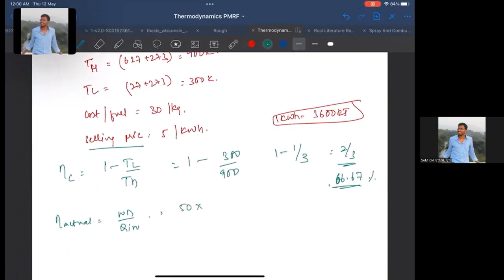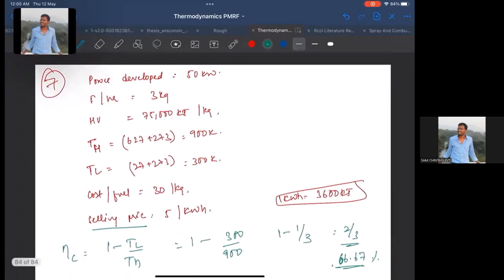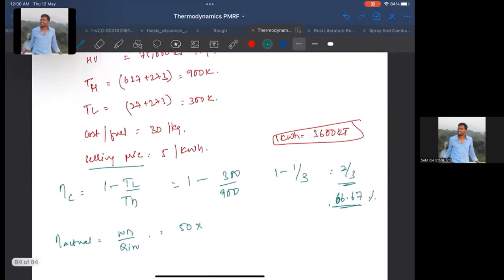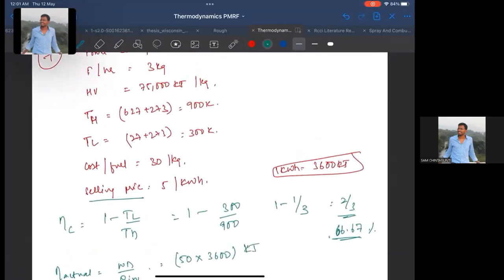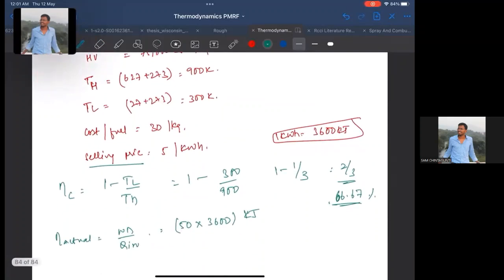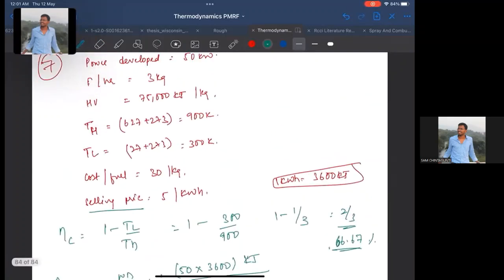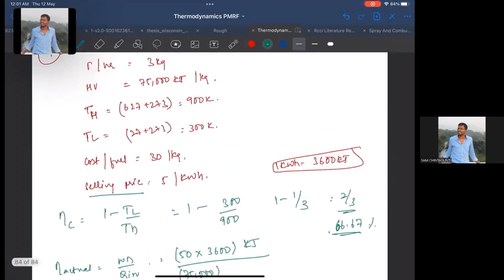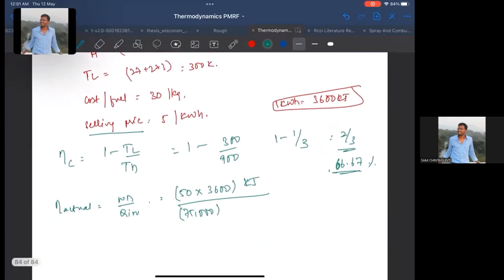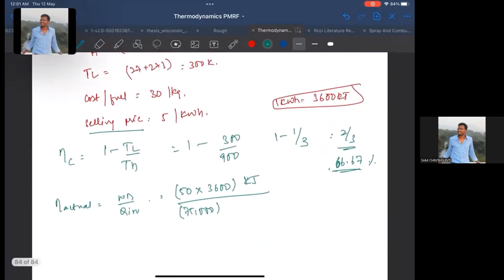So 50 into, let's say for 1 hour, kilowatts is per second. So for 1 hour, there are 3600 seconds. So this much of kilojoules of work is done, and heat Q in is coming from your heating value of 75,000 kilojoule per kg, and it is consuming 3 kgs of fuel per hour.